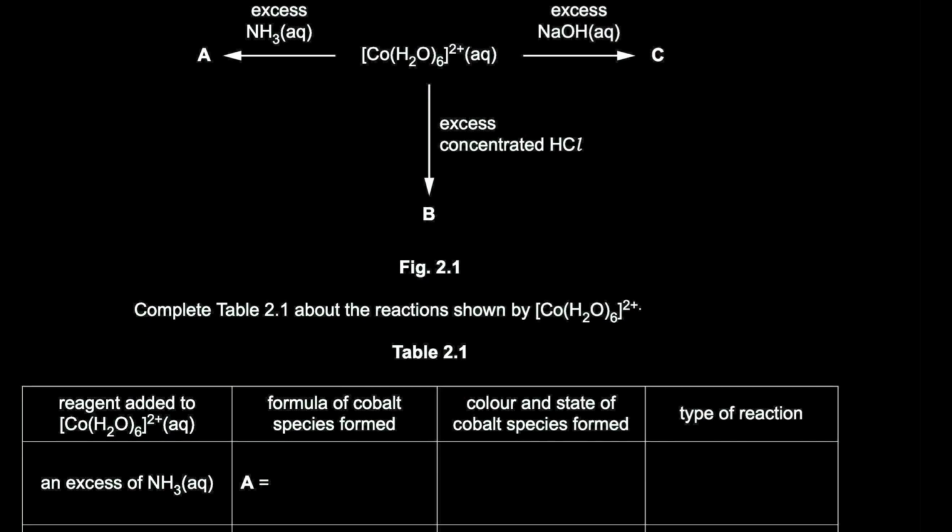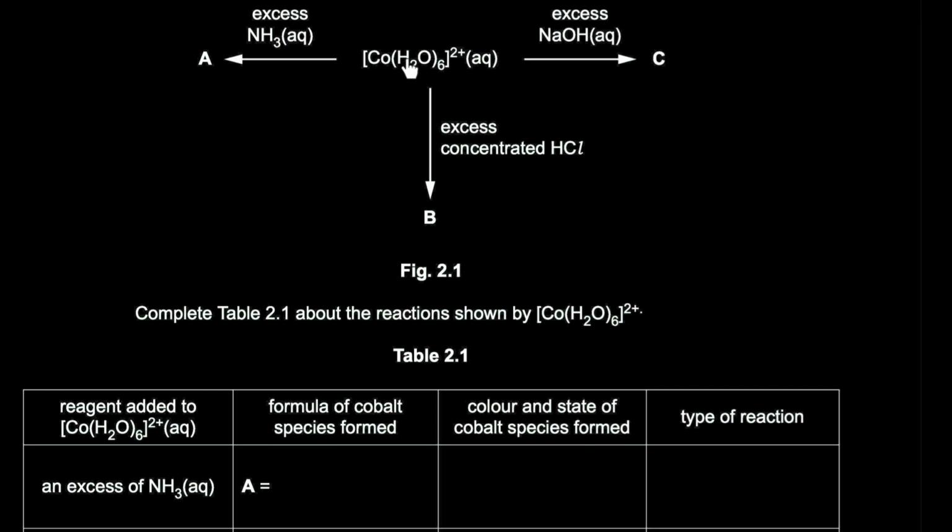Now when aqueous ammonia is added to this, what we get is cobalt-2 hexaammine, [Co(NH3)6]2+. What we observe is a brown solution, and the state therefore must be aqueous. We have an aqueous solution, and the type of reaction is a ligand exchange reaction.